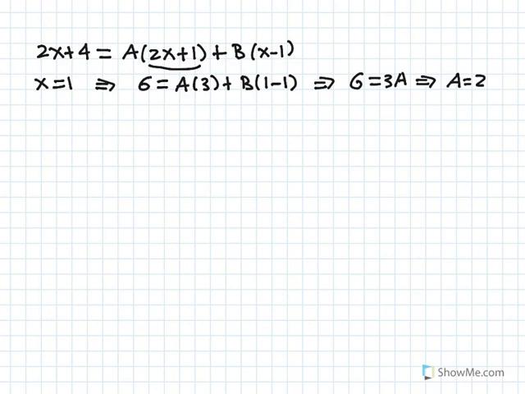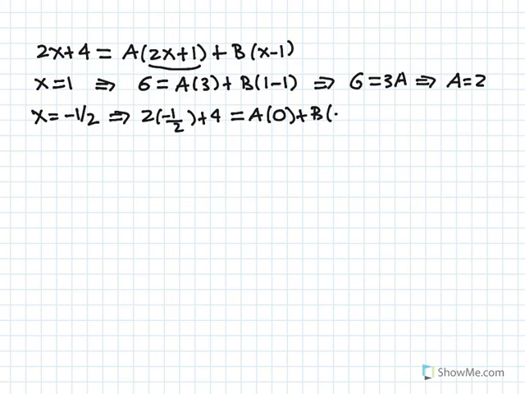Now, what value of x should we plug in to solve for B? Let's plug in x equals negative 1/2 into both sides. We get 2 times negative 1/2 plus 4, that's the left-hand side. And we get A times, 2 times negative 1/2 is negative 1, plus 1, we get A times 0, plus B times negative 1/2 minus 1, that's negative 3/2.